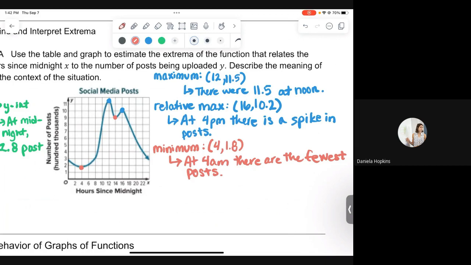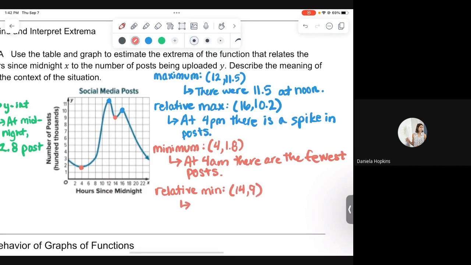So then the only other minimum we want to think about is the one in between our maximum and our relative maximum. This is our relative minimum. Our relative minimum happens at 14 hours after midnight with 900,000 posts.